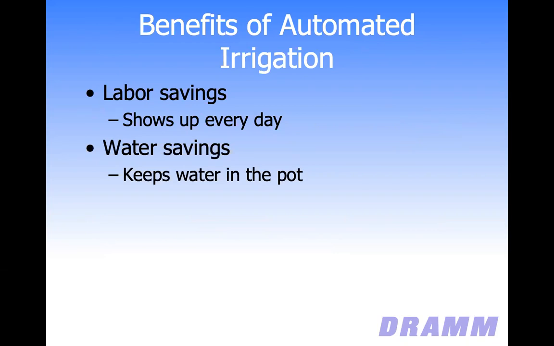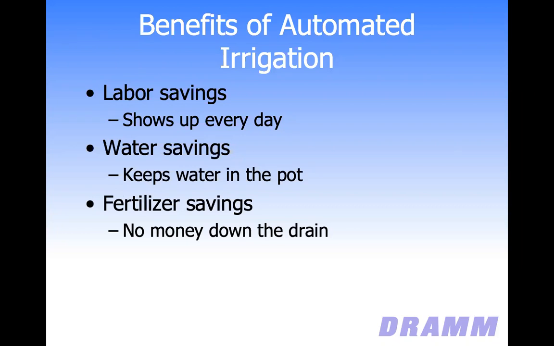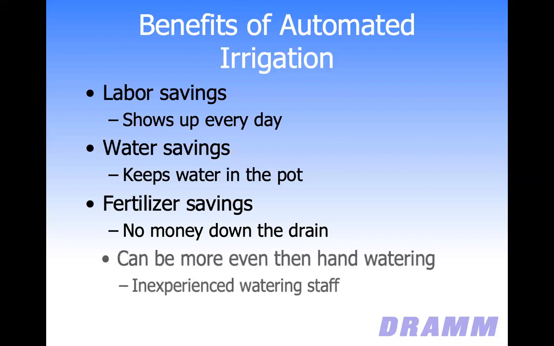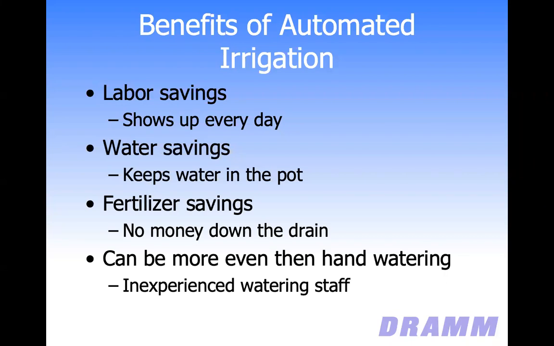Then there are water savings compared to hand watering and some of the older irrigation, keeping the water where it needs to be. And fertilizer savings, again, keeping that fertilizer in the pot so you're not just sending money down through the pot, the basket, and just down the drain. So it could even be more efficient than hand watering.